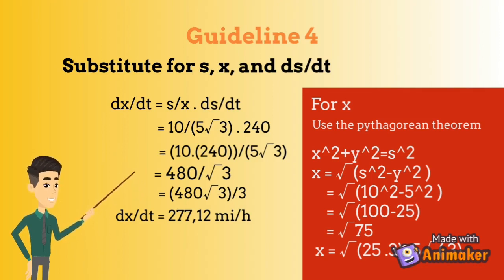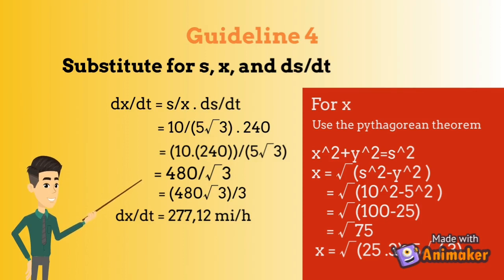Now, let's substitute the values of x and ds over dt. dx over dt equals s over x times ds over dt, equals 10 over 5 square root of 3 times 240, equals 10 times 240 over 5 root 3, equals 480 over square root of 3, equals 480 root 3 over 3.